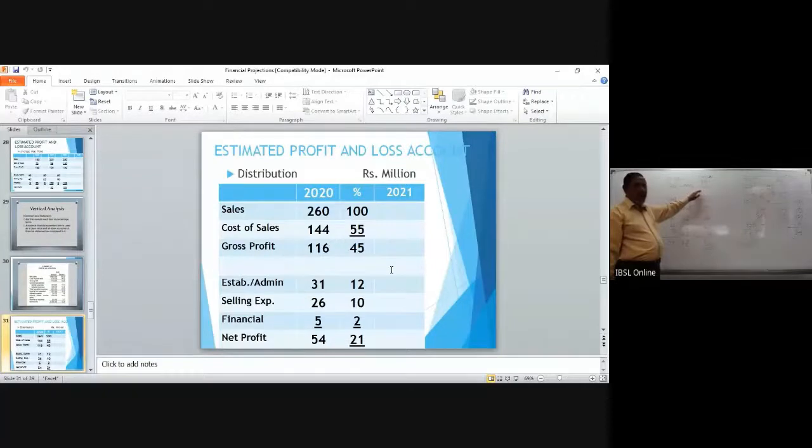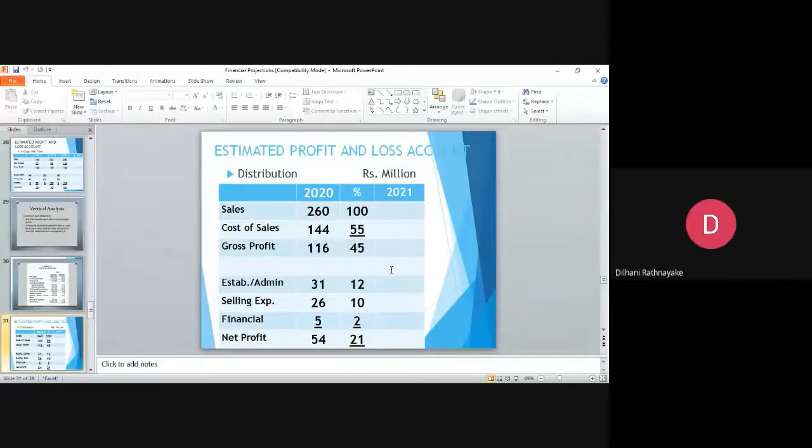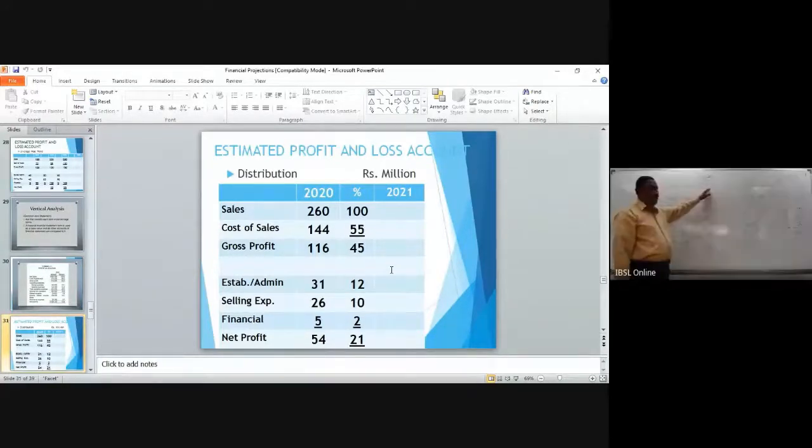Right? Now, last time's example we had given, the customer is expected to increase the profit by, say, 5 million or take 6 million. Then what will be the sales? Customer is investing money in the business, right?